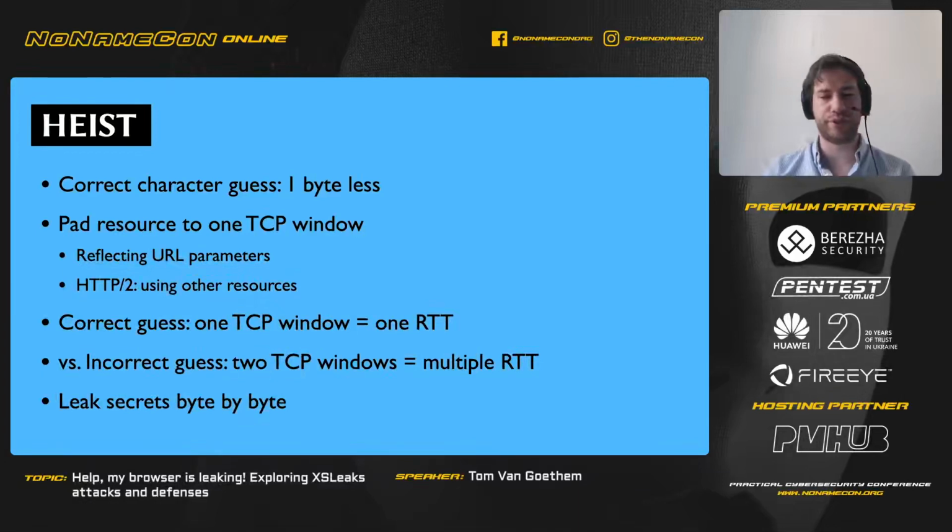So that means that we need another round trip, and using this technique with the performance API and the fetch API, we can determine whether it was 1 or multiple TCP windows that were sent. And this allows us to leak secrets such as CSRF tokens byte by byte.